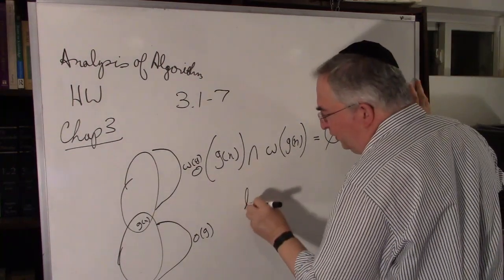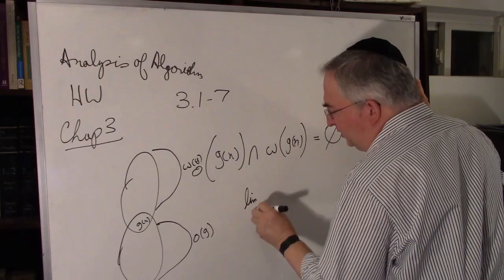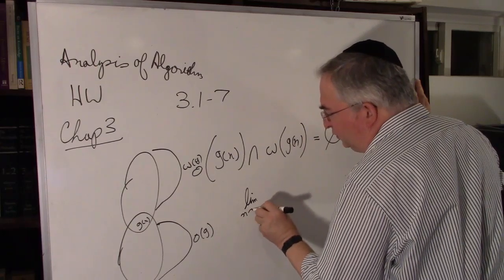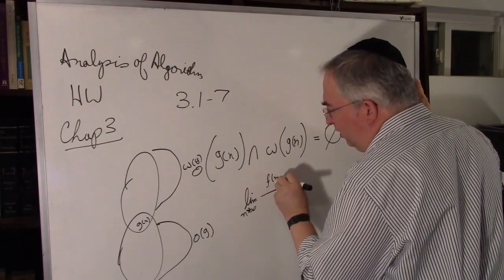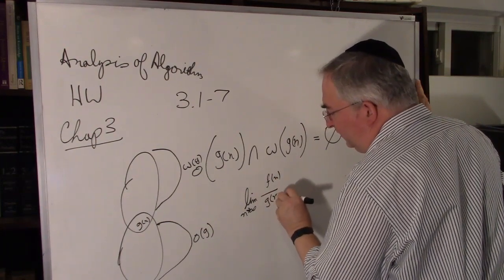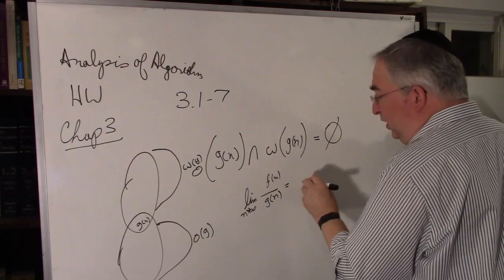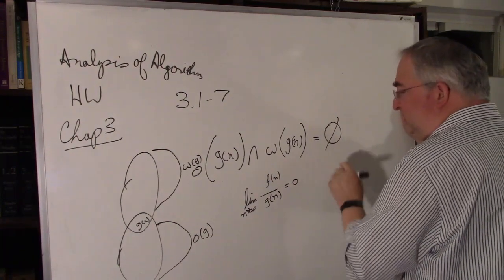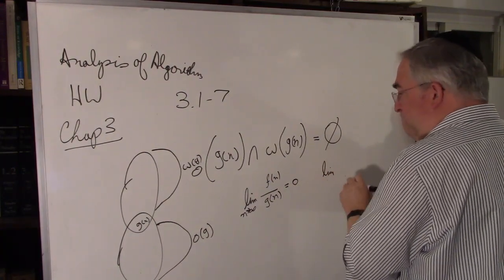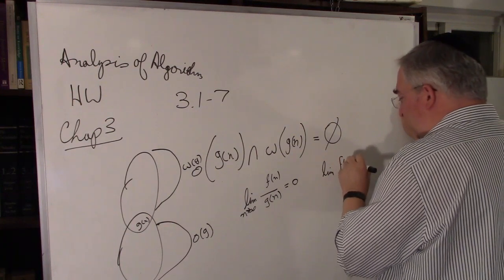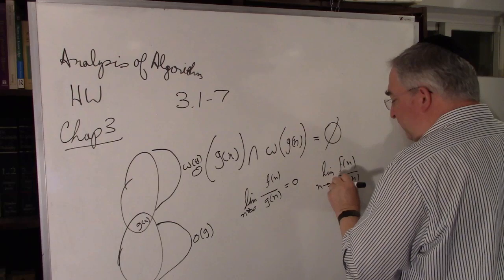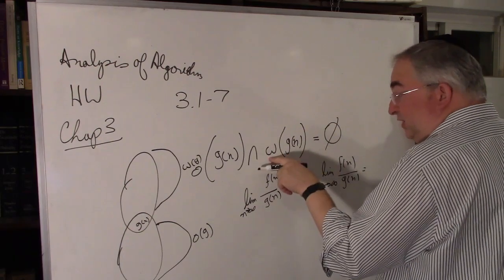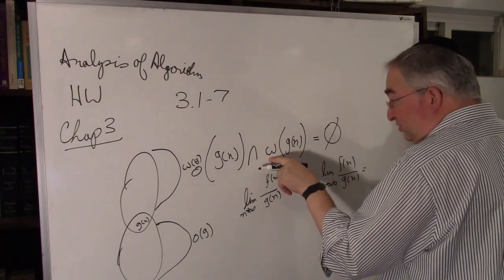Let's just do it another way. For all those things, the limit as n goes to infinity of f of n over g of n is equal to 0. For the other, the limit of f of n over g of n as n goes to infinity is equal to infinity, since these are things that grow strictly faster than g.